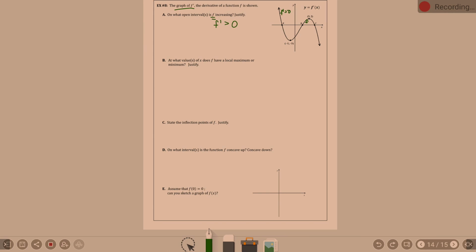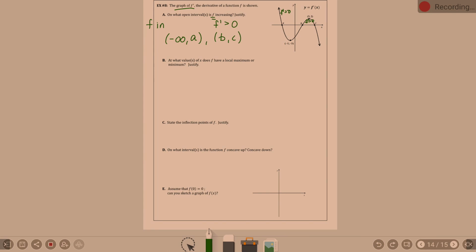So it is indeed from negative infinity to A and B to C. And I guess what I have written in mine is f increases where f prime is greater than 0, because I guess it did just say justified, didn't it?